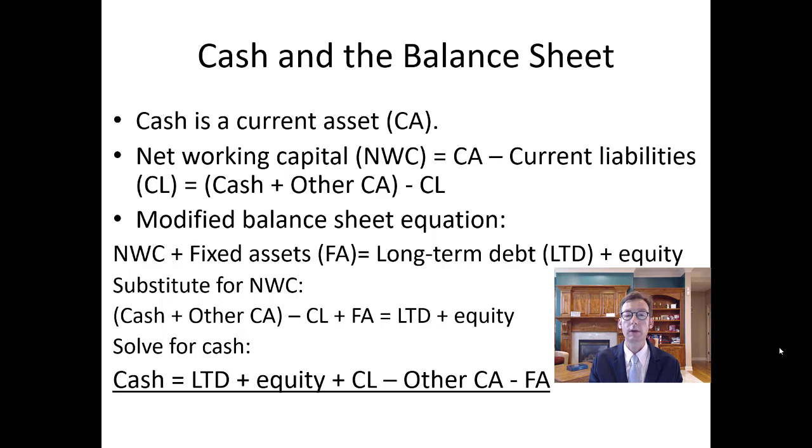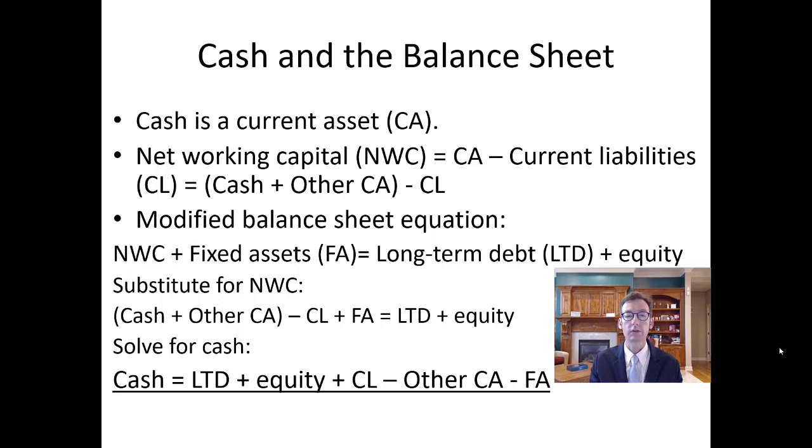If I were to add current liabilities to both sides of this, then we would have just our regular balance sheet equation. Now I'm going to substitute for net working capital the things that I have above. In other words, cash plus other current assets minus current liabilities, plus my fixed assets is equal to long-term debt plus equity.